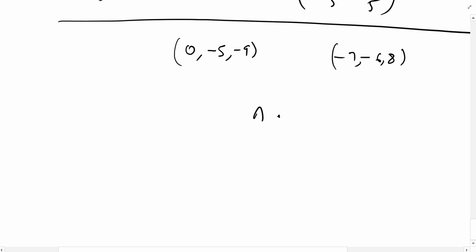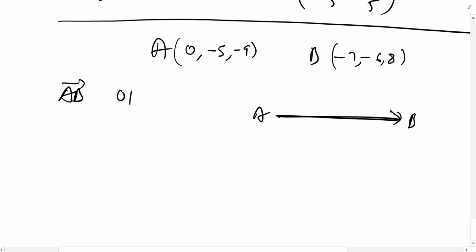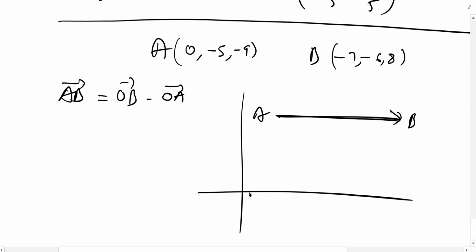That's A, that's B, from A to B. And we already learned how to do that. In order to find AB, we are going towards B, so we do OB minus OA. Like, let's say this is the reference plane, this is my OA, that is my OB, so we do OB minus OA, which is going to be the difference of that.